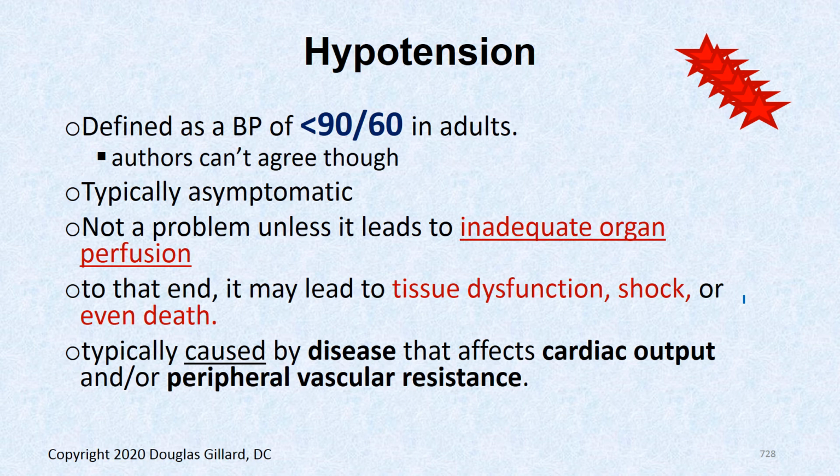So it's not a problem unless you start becoming symptomatic. So they don't really worry about that. If you get up and you're dizzy all the time, that's a problem. But most of the time, especially in athletes, don't worry about that. But that is the official number. Okay, if you really have super low pressure, like 75/40, I mean, you can start damaging organs and things like that. So that's a problem.